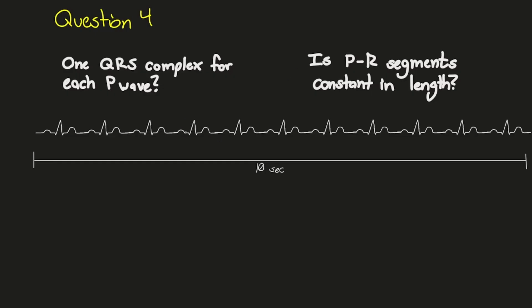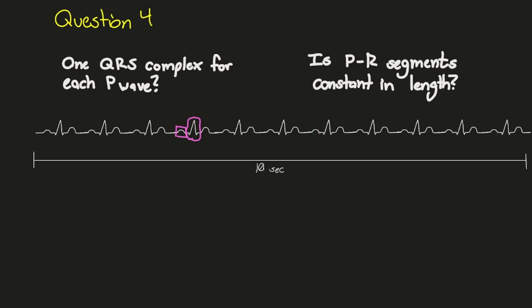So is there one of these Q, R, and S wave complex here for each one of these P waves? And here, this is a normal EKG, so there is one P wave for each QRS. So that's normal. Now, if yes, so if there is one QRS complex for each P wave, we'll look at if the PR segment is constant in length.